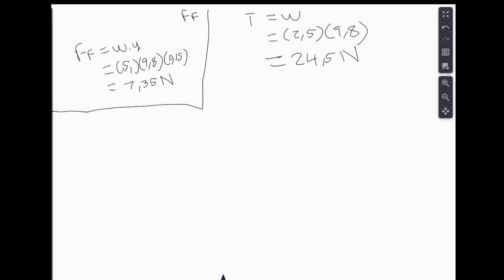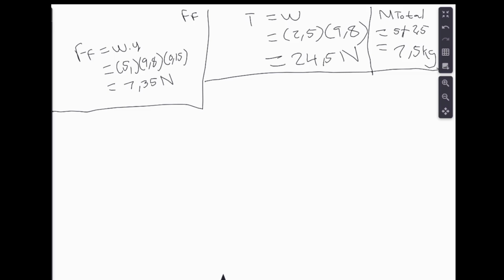Okay, put that away there. Now I can say the total mass is equal to 5 plus 2.5, which is going to be 7.5 kgs. So that is the total mass.